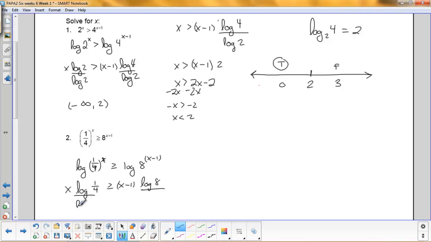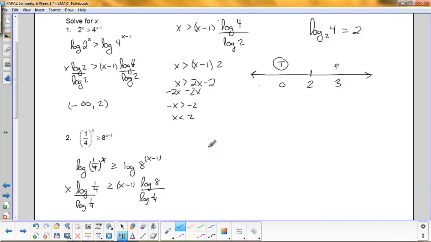Divide out this log to the other side. And then I will go ahead and evaluate that logarithm right there.